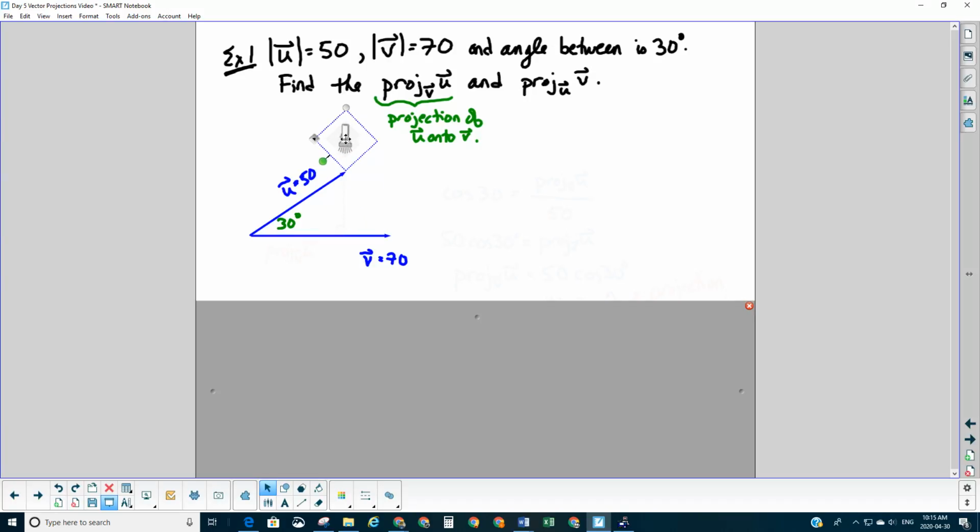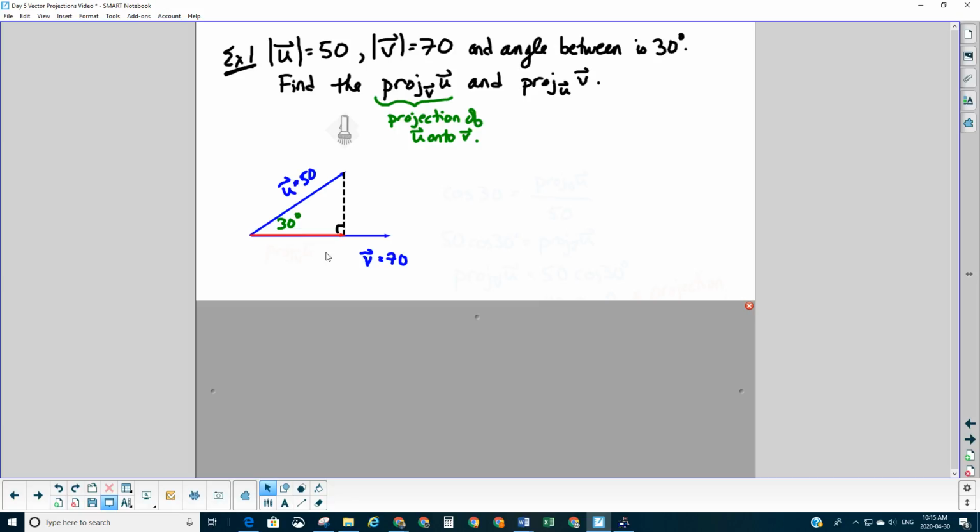If I shone it up above the scenario, it doesn't matter how high, this vector would cast a shadow down onto vector V. And so you can imagine this perpendicular line of darkness, where this whole measurement here would be the shadow of the U vector onto V. And that vector right here is how much of the U vector is projected in the direction of V. Okay?